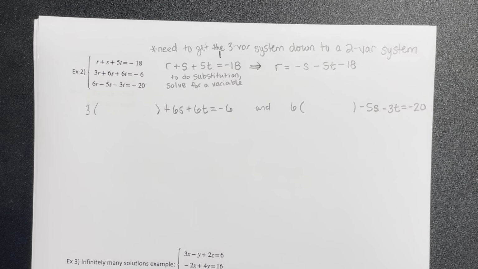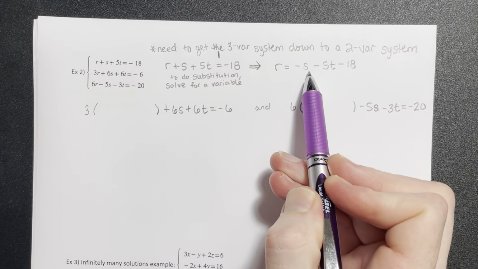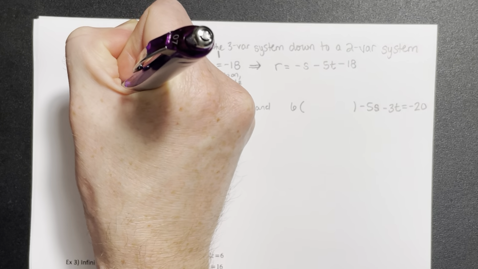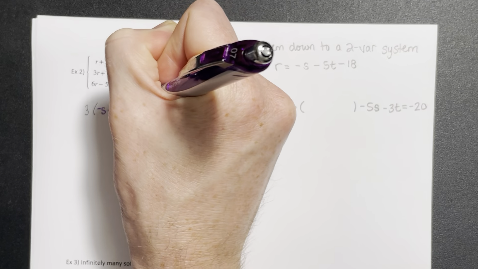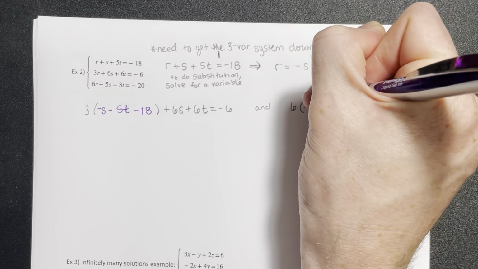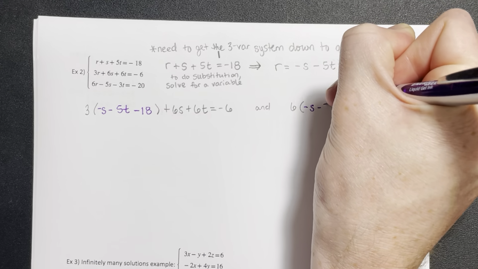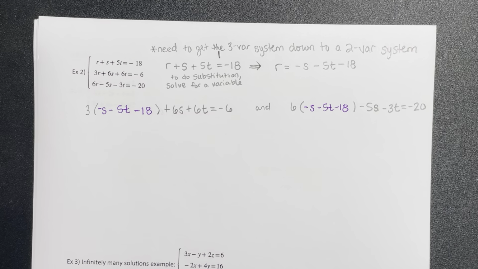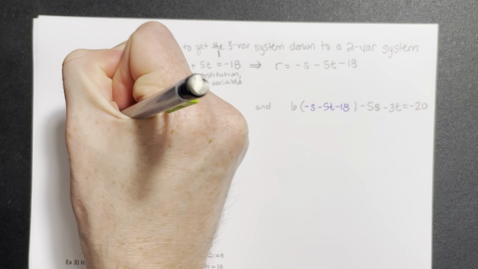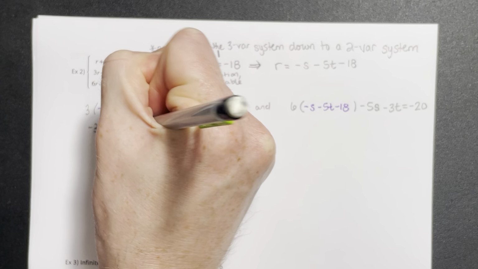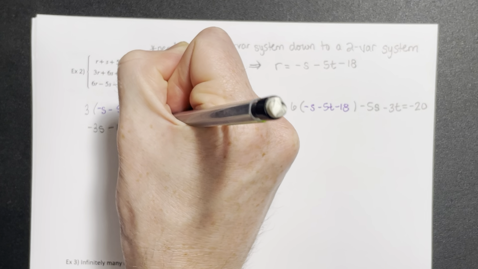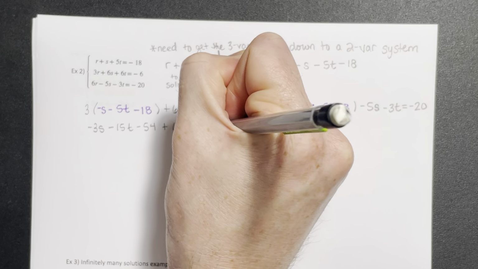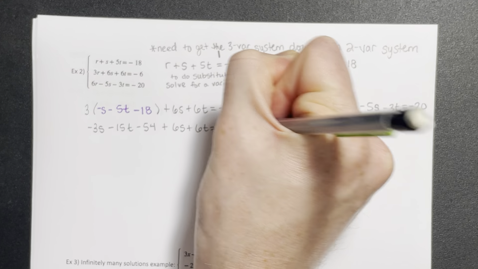In place of r, we're using this substitution of negative s minus 5t minus 18. That would leave me with negative 3s minus 15t minus 54 plus 6s plus 6t equals negative 6.